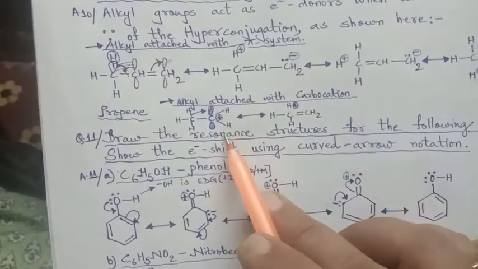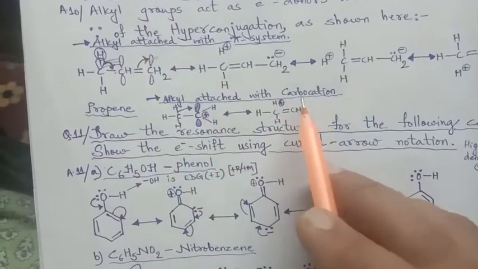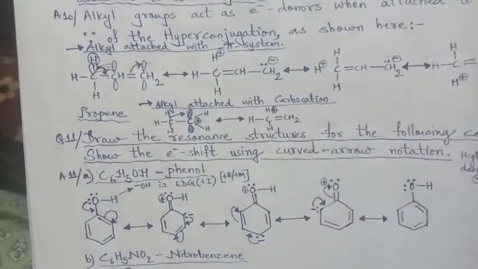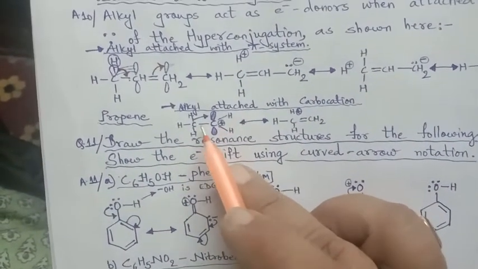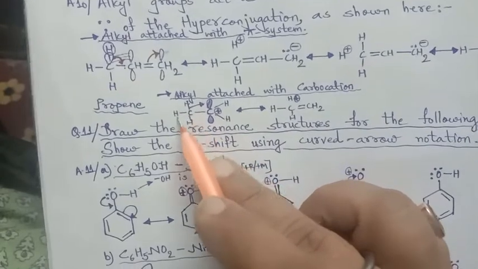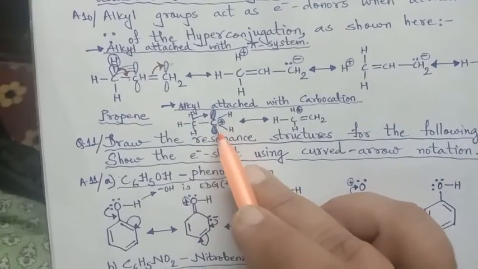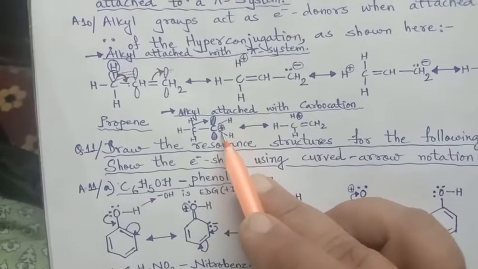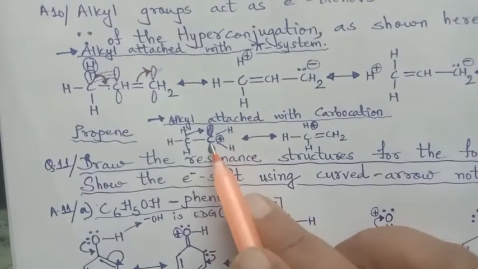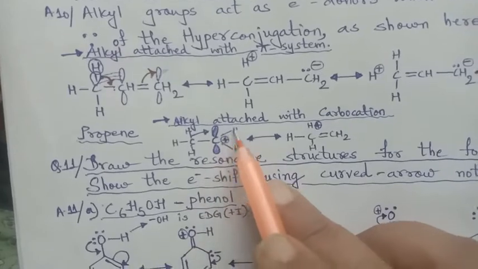But I am giving one more example: if an alkyl is attached to a carbocation, then also it is an electron donor. See, here it is again the same CH3. Now this is CH2 having one positive charge. See here the carbon valency: 1, 2 and 3.